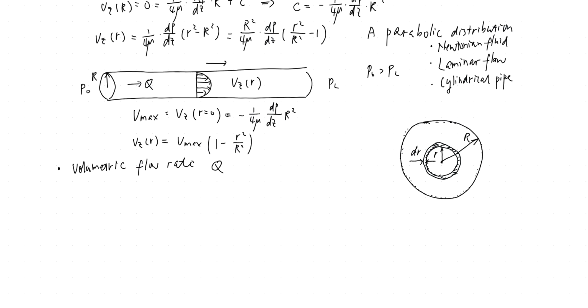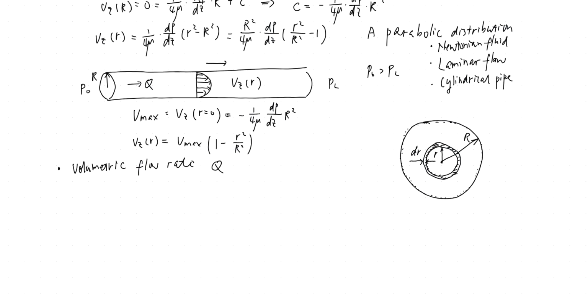So for an extremely small band of region, you can approximate the velocity as a constant. That's the spirit of calculus. You divide the domain into infinitesimal portions, and within each infinitesimal region, you assume some quantities are constant, and then you can do integration over the entire domain.